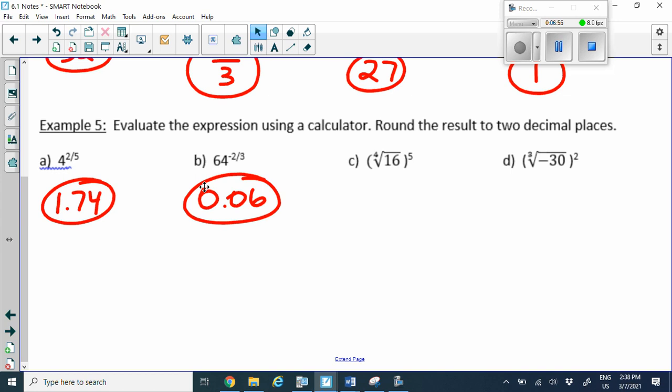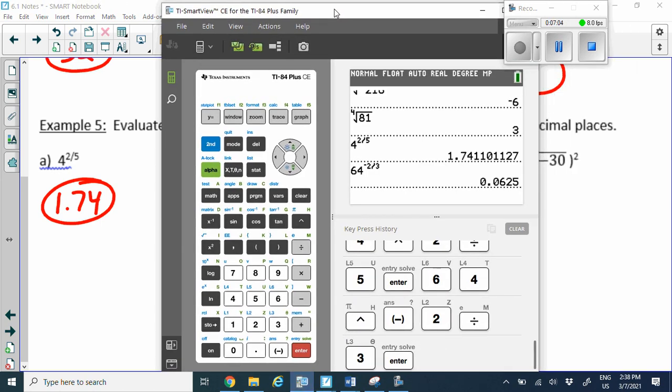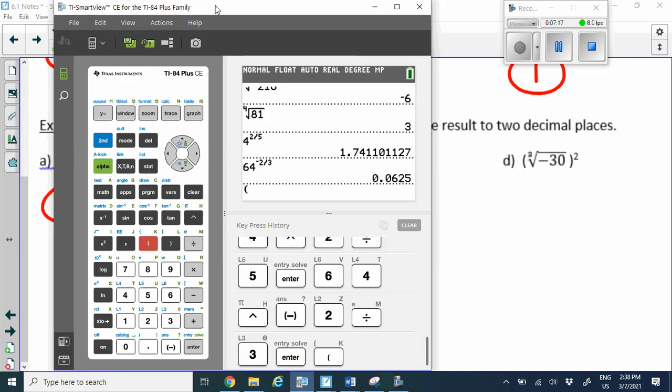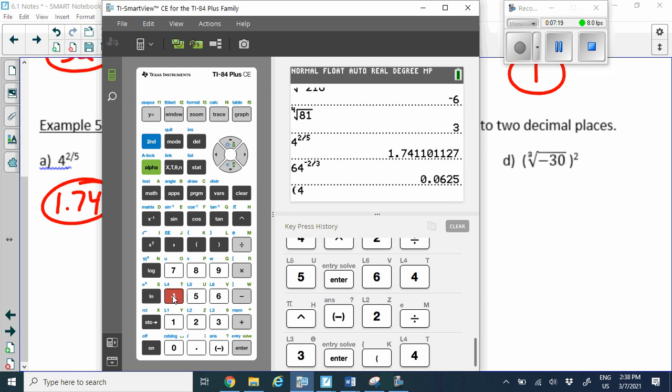Okay, now for C, we're getting into radicals. So let's talk about how we would write the 4th root of 16 to the 5th power, okay? The first thing I'm going to do is use parentheses. Really with graphing calculators, you don't have to use as many parentheses, but if you're using a scientific, you will, okay? So I'm going to do parentheses. We are using the 4th root, so I'm going to do the number 4.